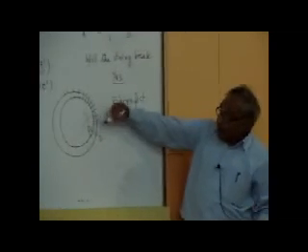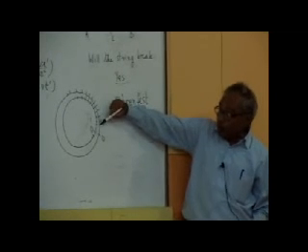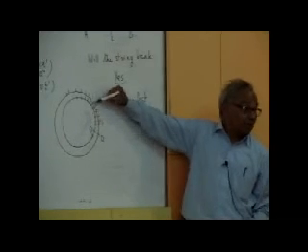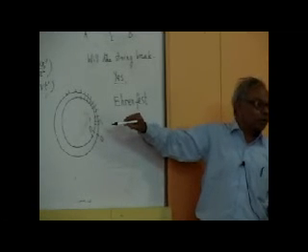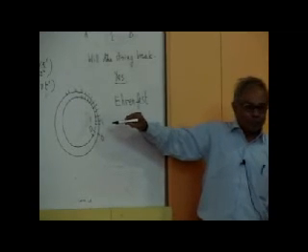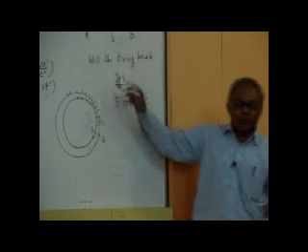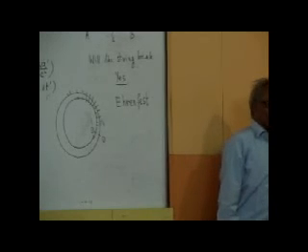So if 0 prime coincided with this, 1 prime will not coincide. It will be a little less. 2 prime will be further less. Let me go around the circle. When I come back, I will say 0 prime will not coincide with 0. So I started by saying 0 prime coincided with 0, and I went around once, and I came up with the statement saying 0 prime does not coincide.